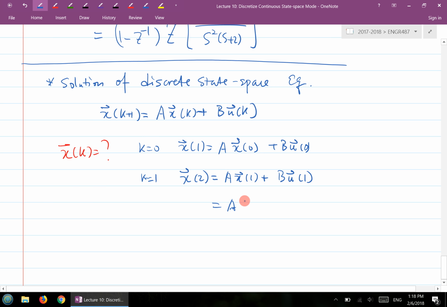That gives us a times (a x of 0 plus b u of 0) plus b u of 1. And then simplify this a little bit, you get a squared times x of 0 plus ab u of 0 and then plus b u of 1.